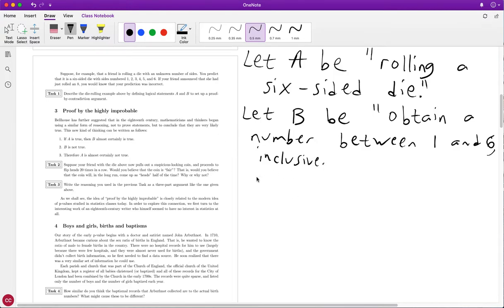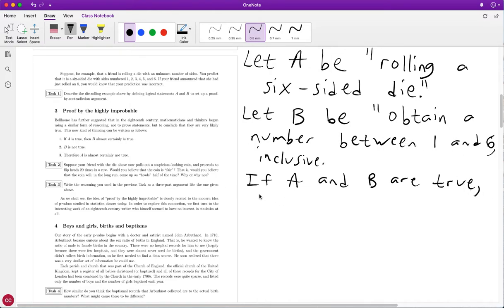Okay, so that means if we let A and B both be true, if A and B are true, that means we are rolling a 6-sided die and we obtain a number between 1 and 6 inclusive.